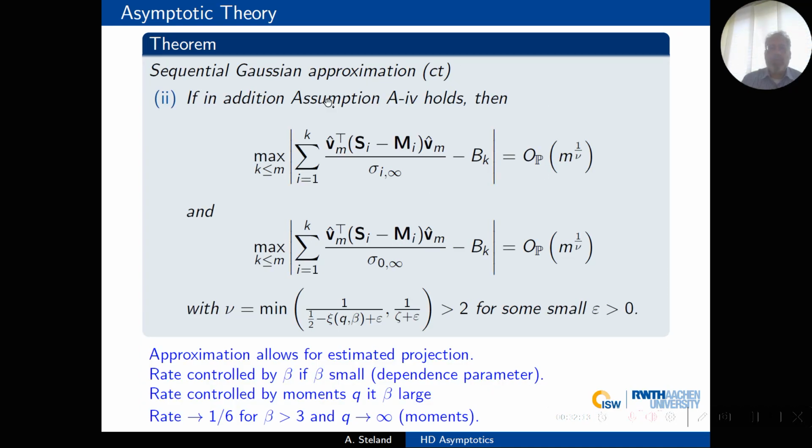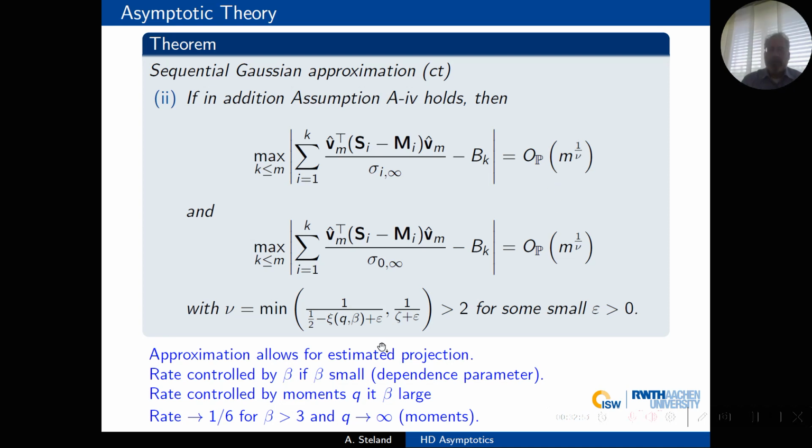If in addition we assume that we have an estimator of the projection vector, then under the stated assumptions, we can replace V by its estimator and still achieve these Gaussian approximations. Now, these Gaussian approximations are indeed generalizations of the central limit theorem. So essentially they apply the central limit theorem, but they are more general, and especially they provide us with an approximation rate.